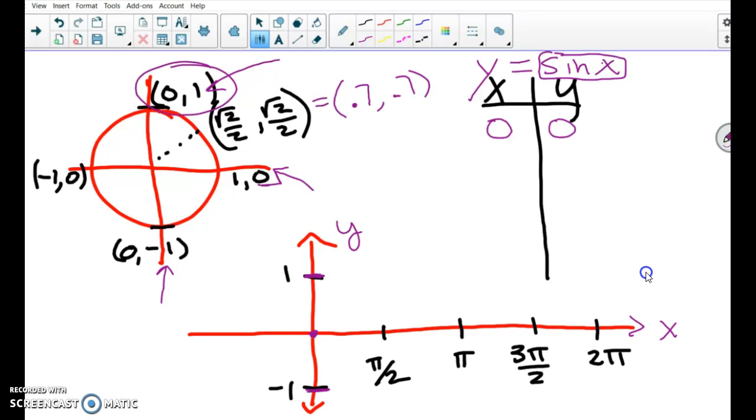Then we look at the value x being pi halves, or 90 degrees, and you can see we've translated the x-axis into radians into one complete cycle from 0 to 2 pi. Well, when x is pi halves, we know that our sine is 1. Again, we're looking at the y coordinate at pi halves.